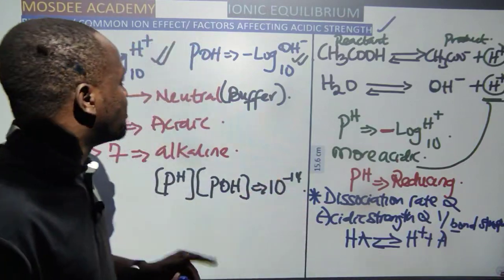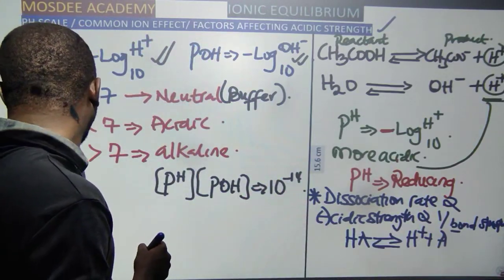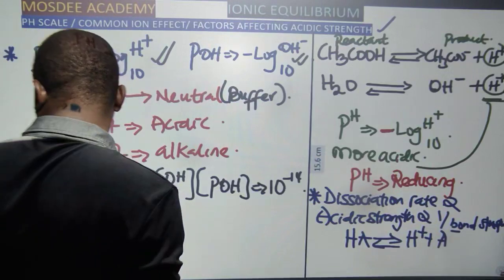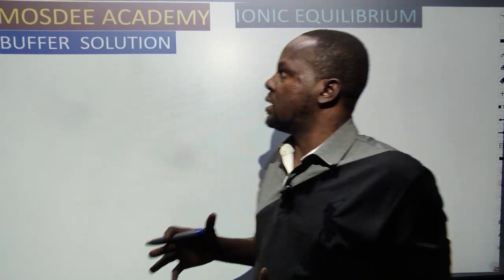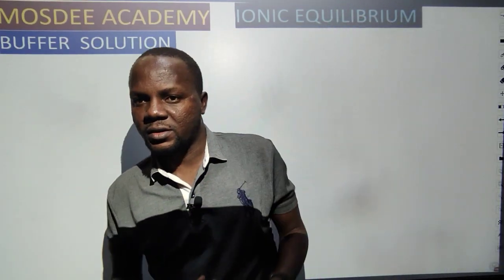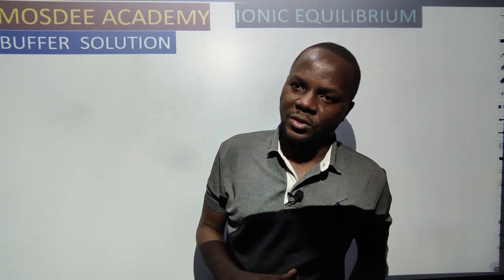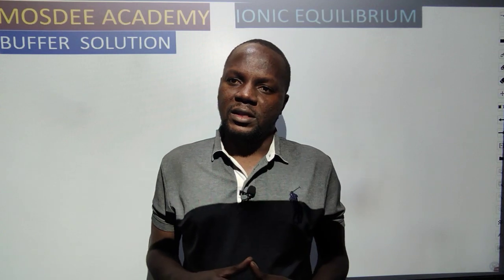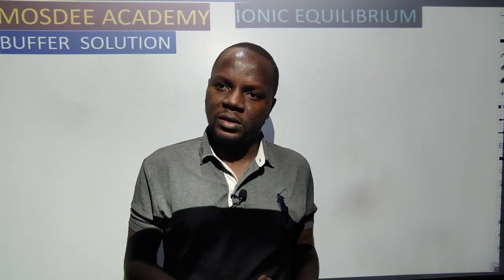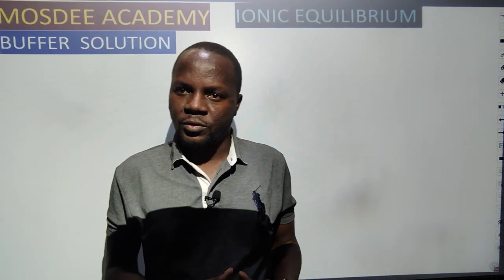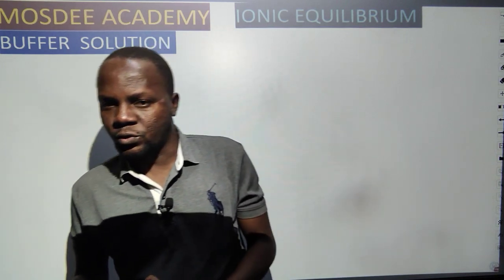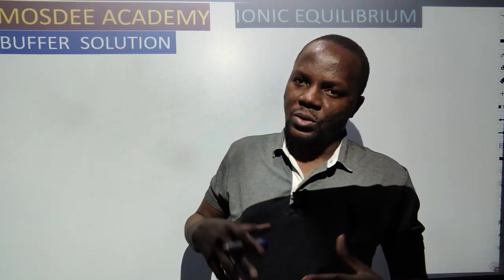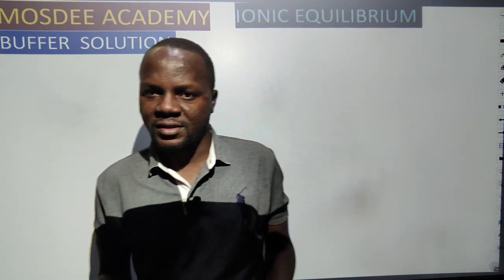Another important thing before I move to the next part is also to keep this in mind. Maybe I create a new page. Up till now, we have learned about the dissociation constant and its relationship with the pH. Now we talk about ionic equilibrium, and we've talked about the pOH and some factors that affect acidic strength.